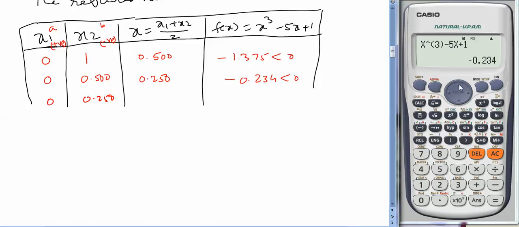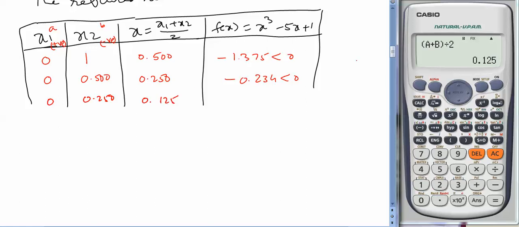For finding the next iteration, press copy button at the top edge, calc button, 0 is already shown, equals button. B value is modified to 0.250, then the value is 0.125.